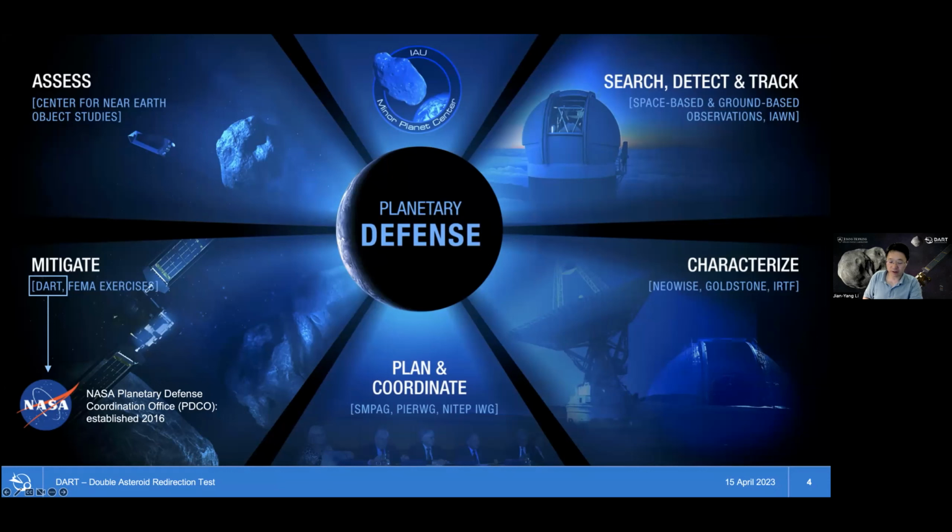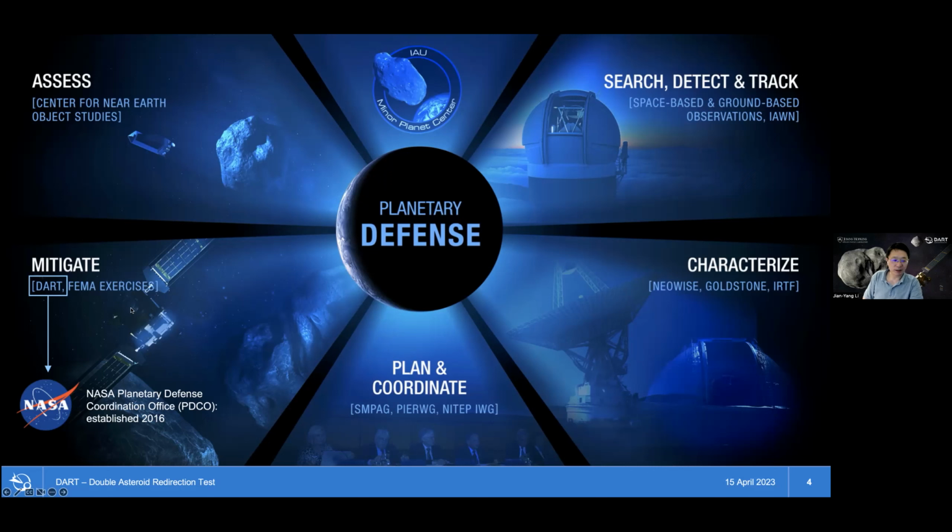So all this kind of characterization, we need to know their properties in order to best defend ourselves. Then we need to plan and coordinate. There are some government agencies and some international agencies that are responsible for planning and coordinating how we're going to mitigate the impact disaster. And then here comes the mitigation.